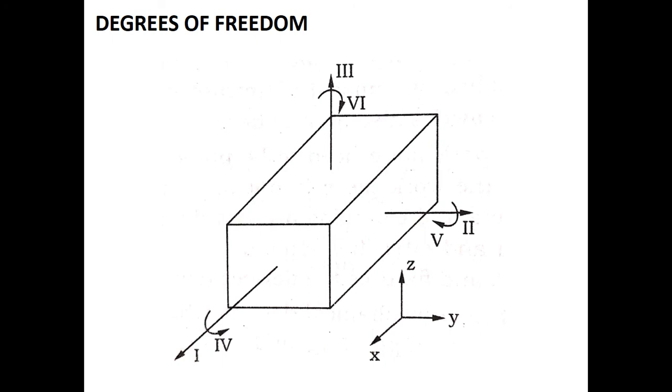With respect to the three-dimensional x, y, z coordinate system, we can define these movements as translational or linear movements parallel to the x-axis, y-axis and z-axis, and rotations about the coordinate axes.